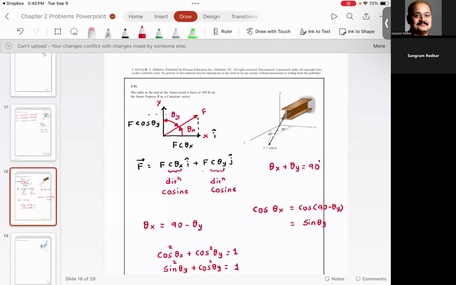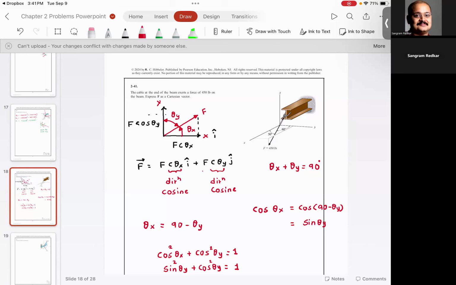Now, resolving a force in 3 dimensions is extremely simple as long as you know the angle that is made by that vector with respect to positive x-axis, positive y-axis, and positive z-axis.